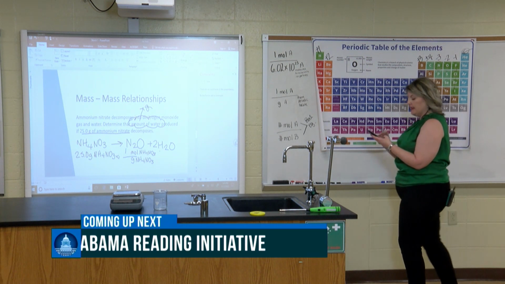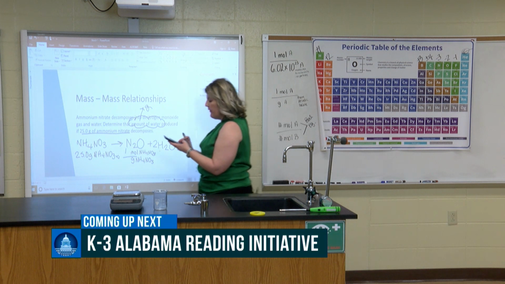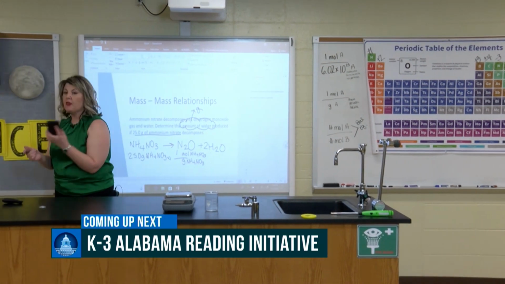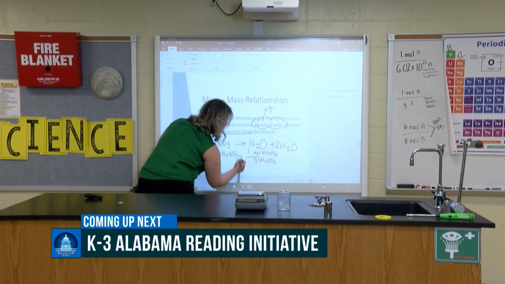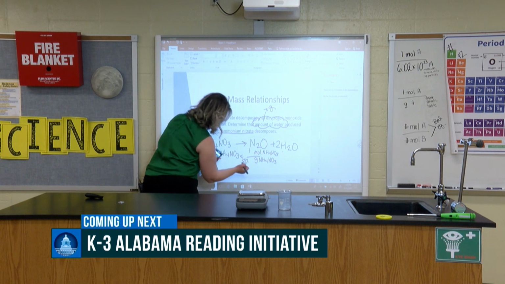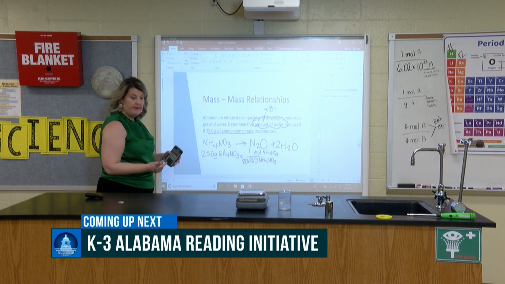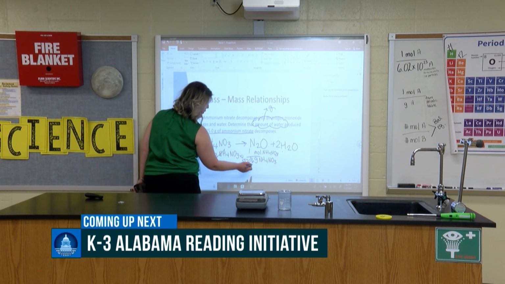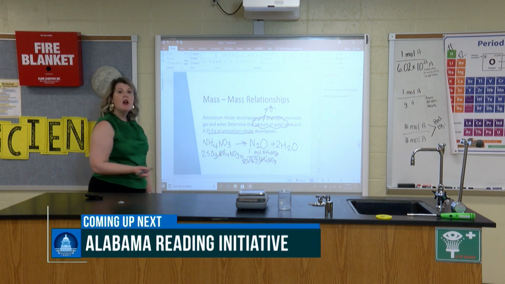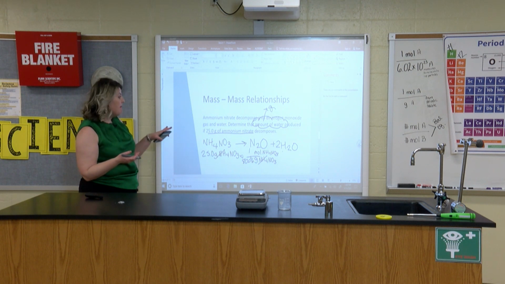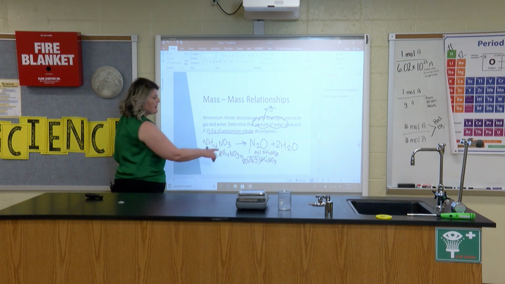Oxygen, the weight is 16, but we have 3 of them, so you're going to need to multiply that by 3. That gives me my formula mass for this compound is 80.06. So now I'm going to cross out grams and grams of ammonium nitrate, and I'm left with moles of ammonium nitrate. But that's not what I want.